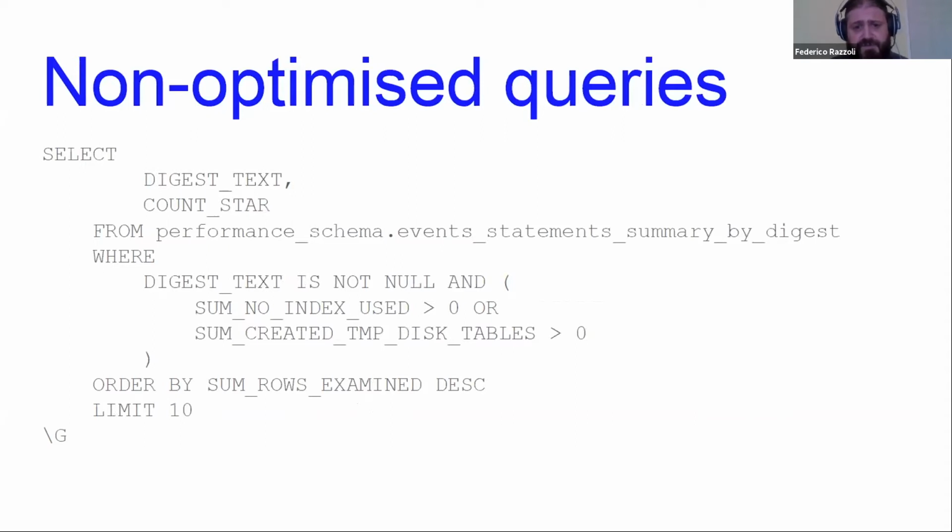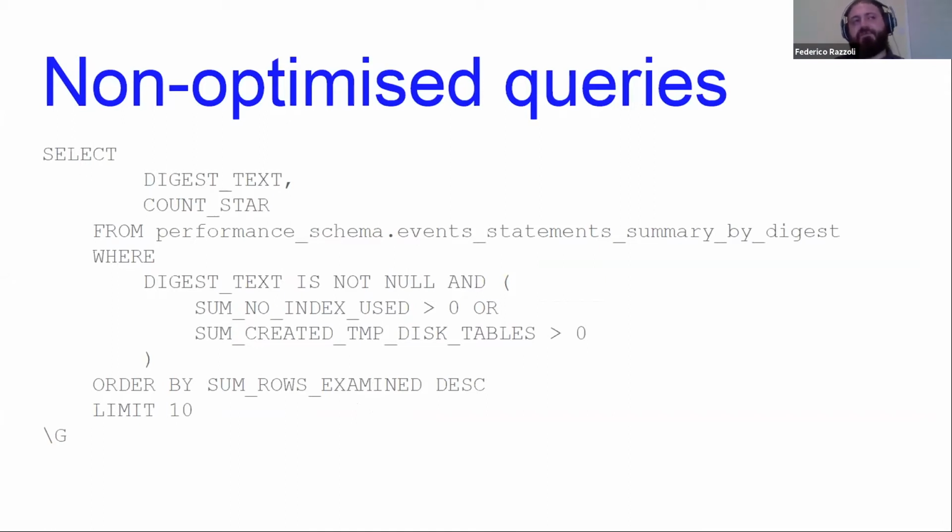And the final query that I suggest to run is about query performance, because what we are asking to see is the queries that don't use any index, or they materialize a lot of data in memory.